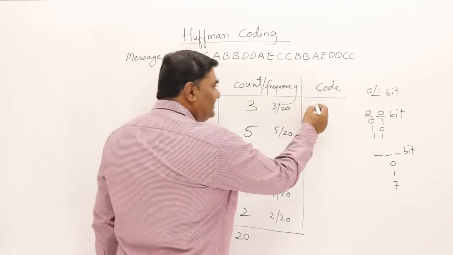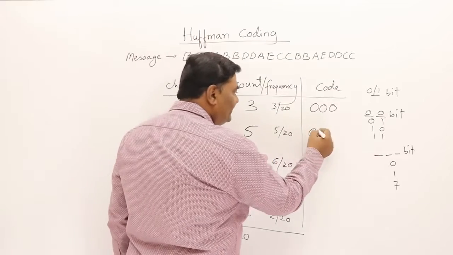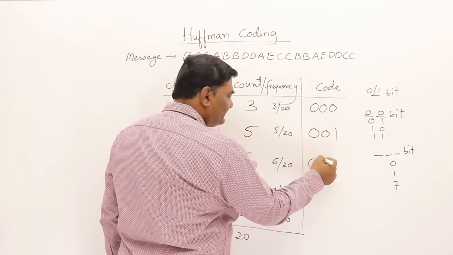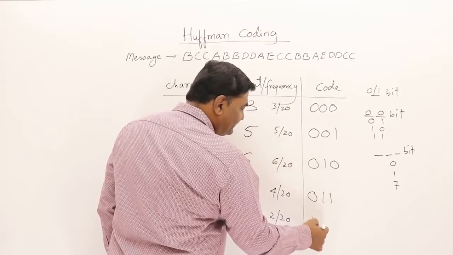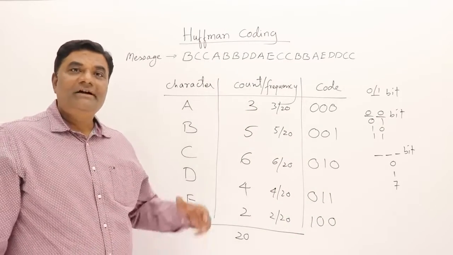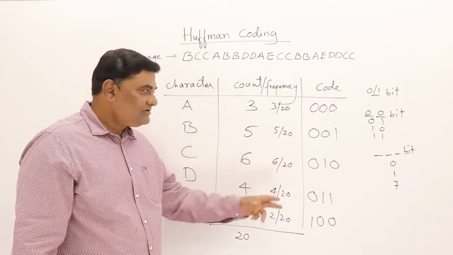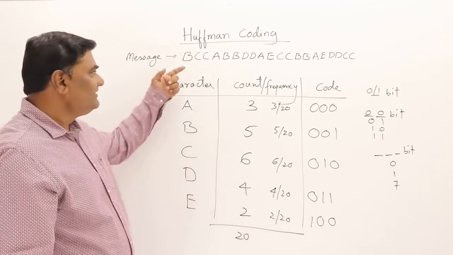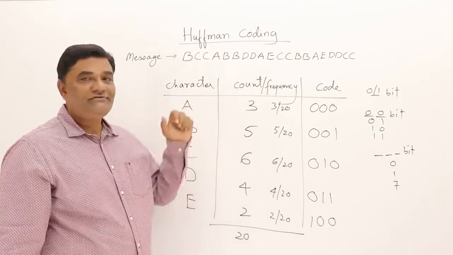So let us say in 3 bits I will say A is 000, B is 001, C is 010, D is 011, and E is 100. I have given my own 3-bit codes. I will use this for encoding this message, and this will reduce the size of the message.